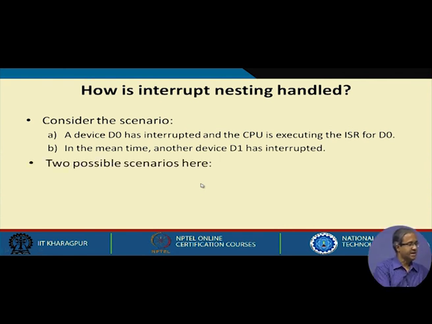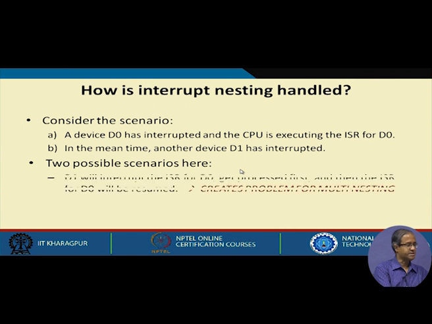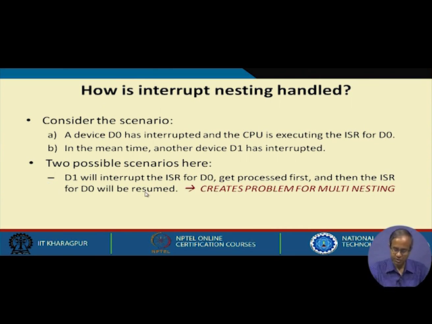So, for nesting there can be 2 possible scenarios you can think of for how to handle this. Well, the first one is what I have just now illustrated. D1 can interrupt the interrupt service routine for D0, get processed first, and then the ISR of D0 will be resumed, just like what I showed here.